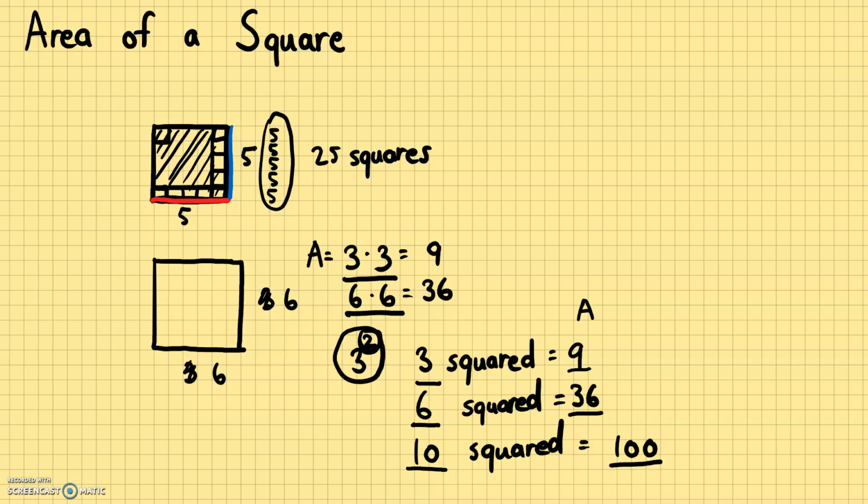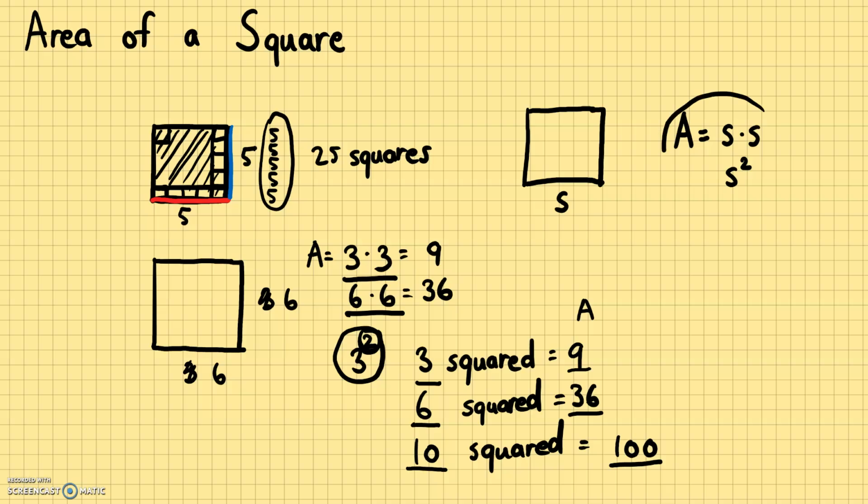Okay, so to get the area, I'll write the general formula for squares. Given that I have a square, and given that the measurement of the side is S, the area is going to be S times S, or S squared.